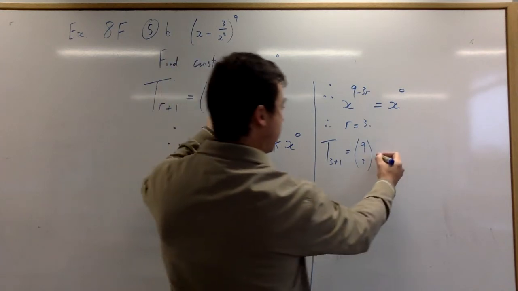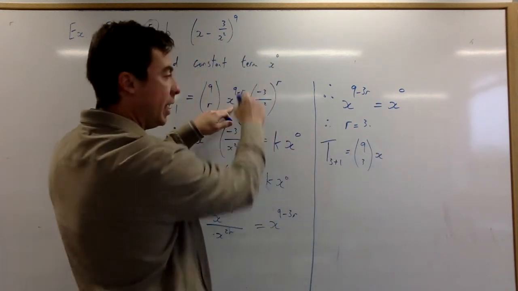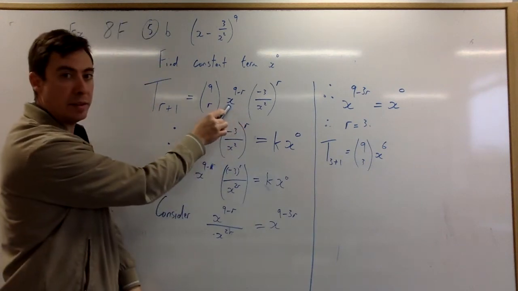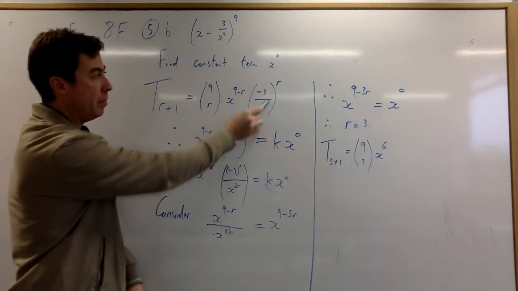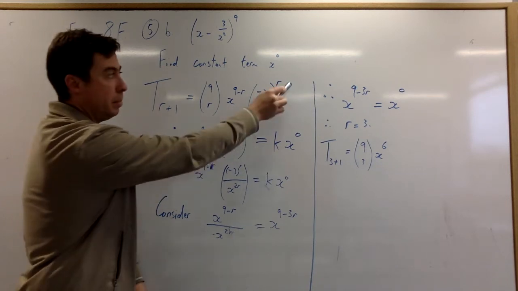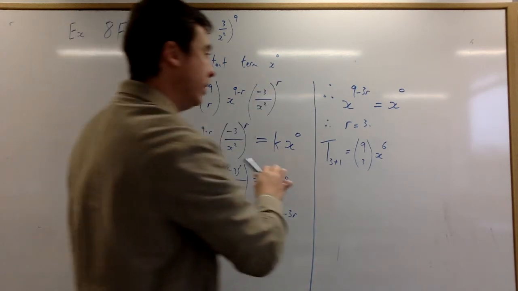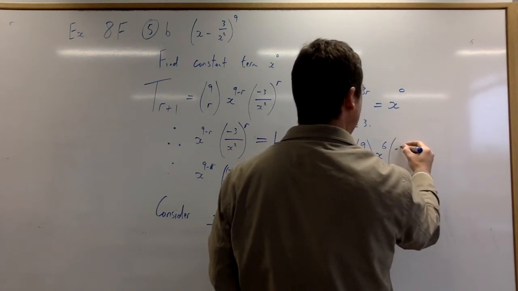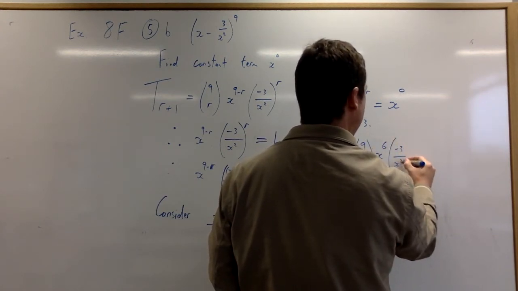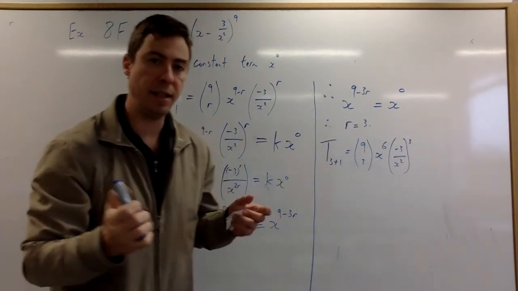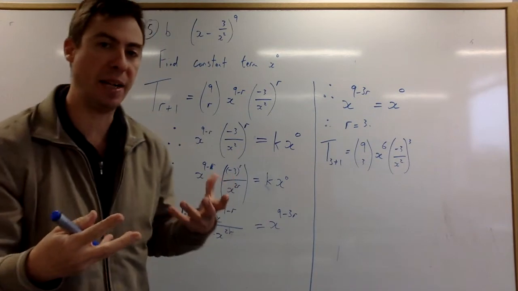I'll have x to the power of 9 minus 3, that's x to the 6. Then I'm going to have minus 3 on x squared, all to the power of 3. Can you see that you're going to get an x to the power of 0 here?